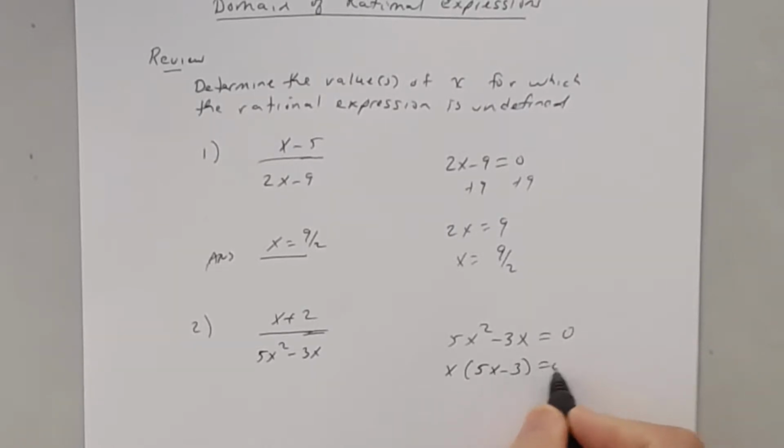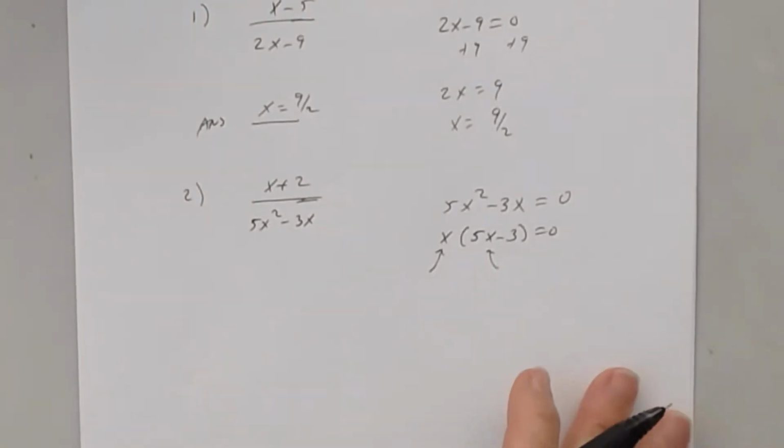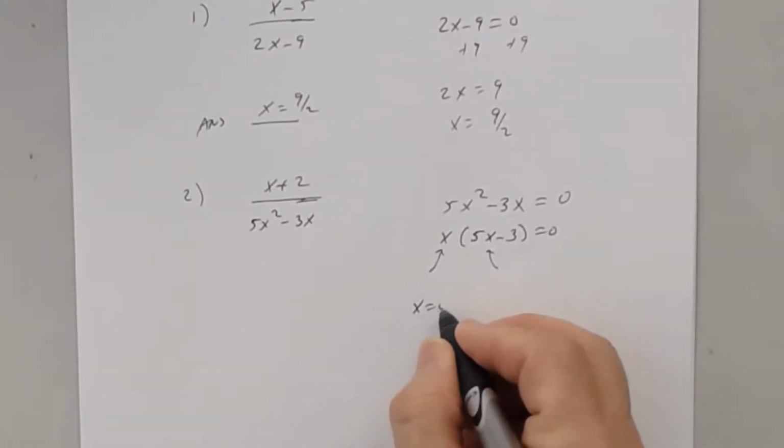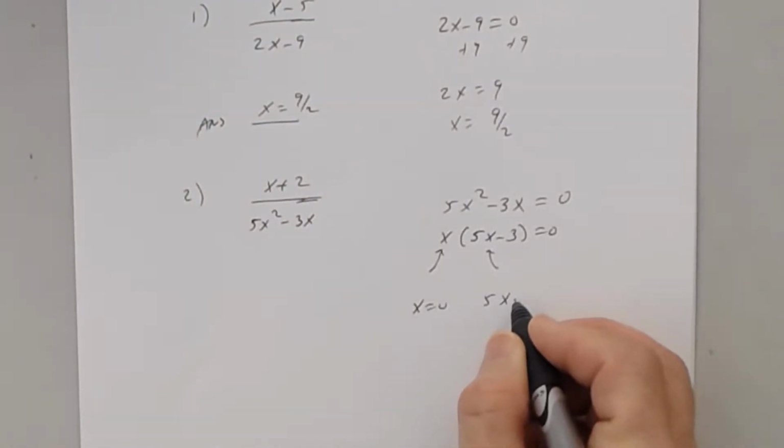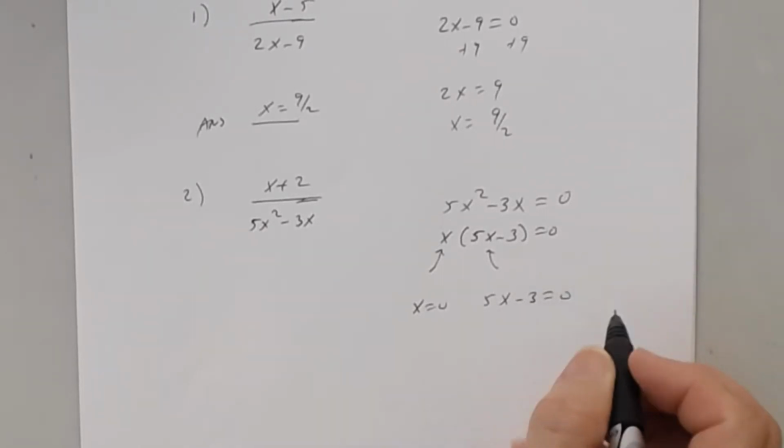So you get x times 5x minus 3. Once you've factored, remember you're solving a quadratic equation, so the first step is to factor. Once you factor, what's the next property that you use? The zero factor property. What are your 2 factors? x, and the other one is 5x minus 3. So I set each one equal to 0: x equals 0, and 5x minus 3 equals 0.